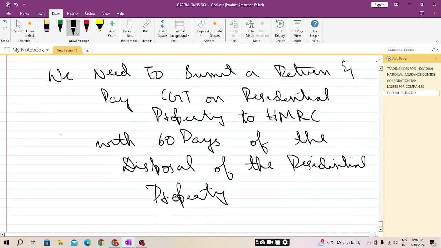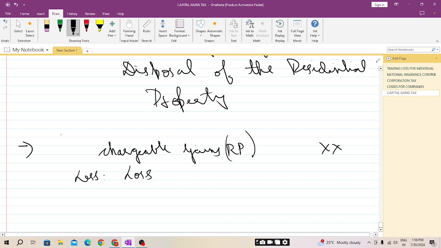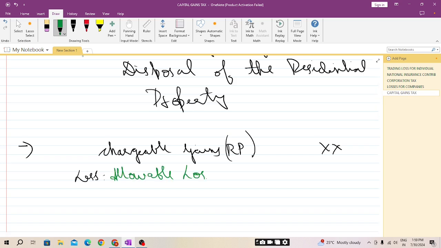Now coming to the format. See, students, the first format which we have learned is the total format, and we need to perform the annual calculation each year end. But when calculating the residential property, it will be the chargeable gains of the residential property less current year allowable loss till the period you sell the residential property.